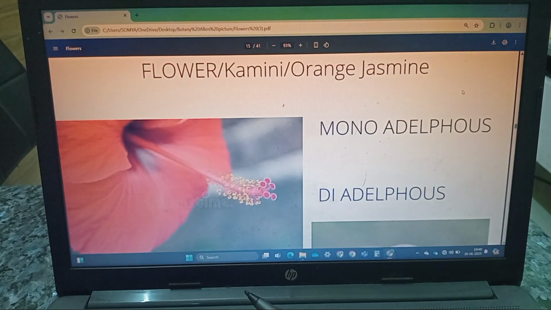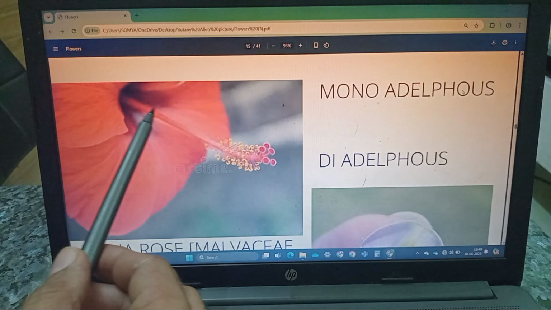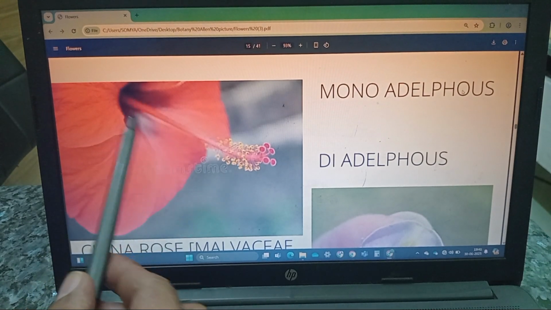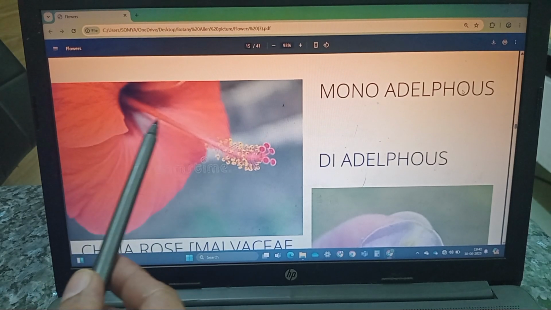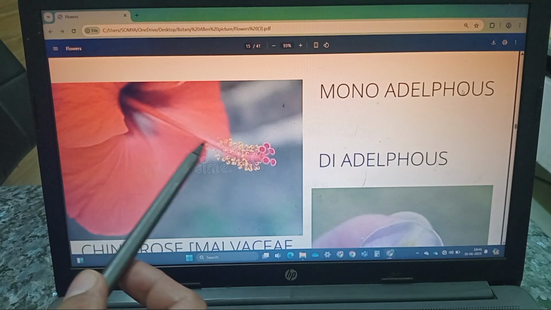Then modification of the stamens. The stamens are the male part made up of the filament and the anthers. The anthers are bilobed. When all the filaments are together making a tube and there are separate anthers, this condition is called monadelphous condition. It is found in the Malvaceae family, which includes the China rose, the ladyfinger, and the cotton.